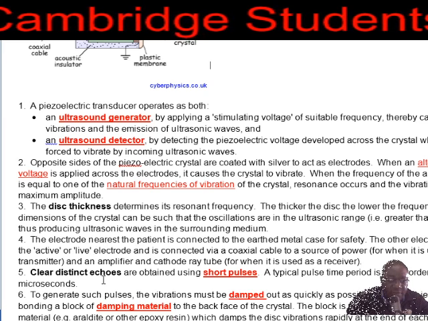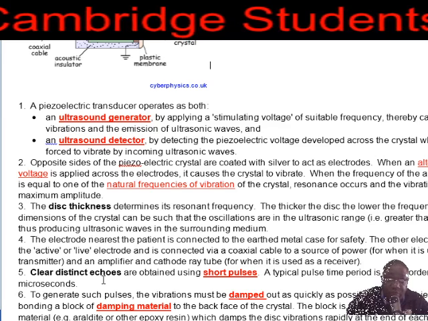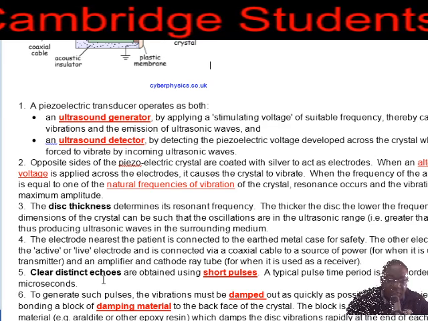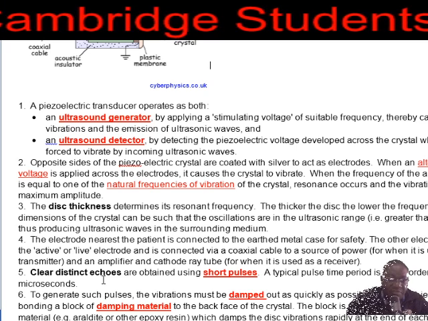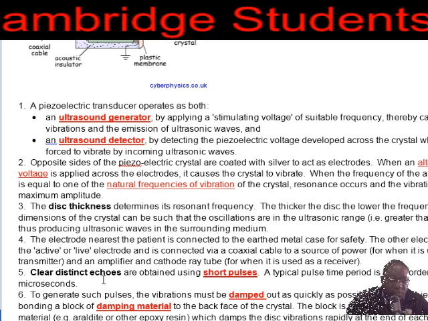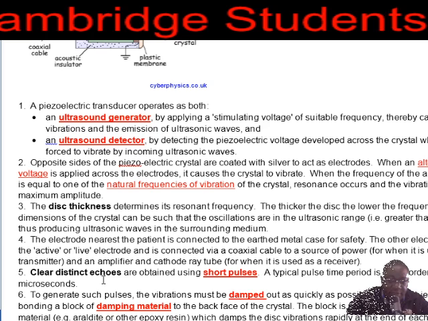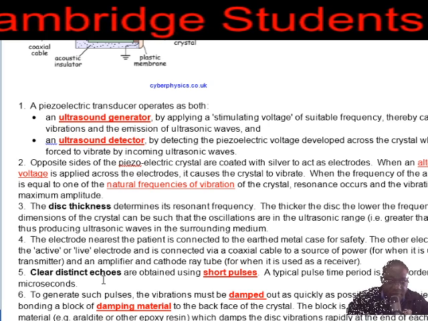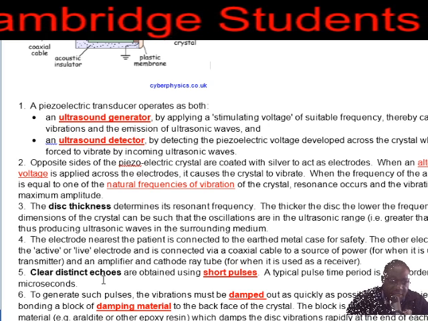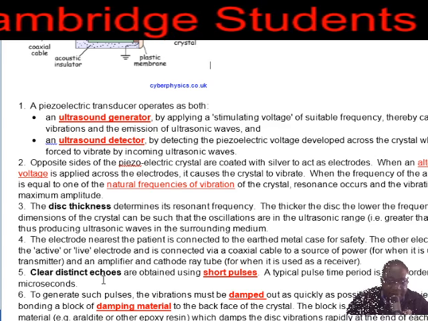Clear, distinct echoes are obtained using short pulses. A typical pulse time period is of the order of microseconds. To generate such pulses, the vibrations must be damped as quickly as possible. Remember the topic on oscillations when we looked at damping.